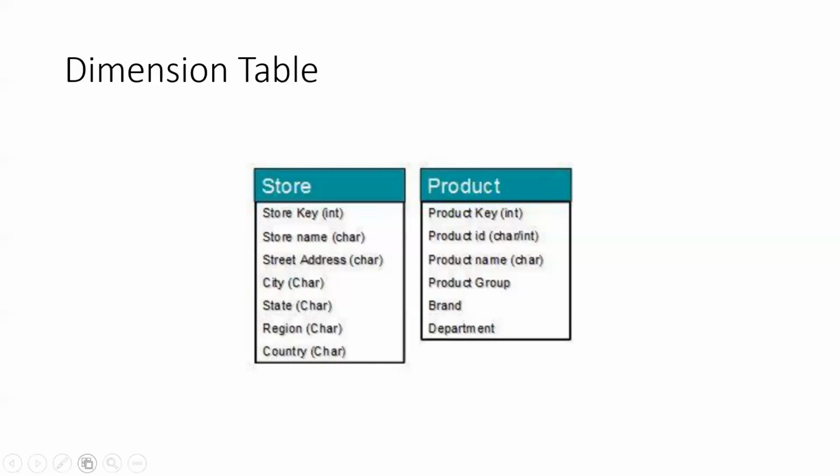I think we already have the concept of why we should keep this normalized and why normalization is required; I covered it on the second day of this session. So that's why it's very important. We need to keep those keys available for each dimension and fact table. Those are the overall concepts. Just like product, we will be storing all the product information: the product serial number, product name, product group, and the brand.